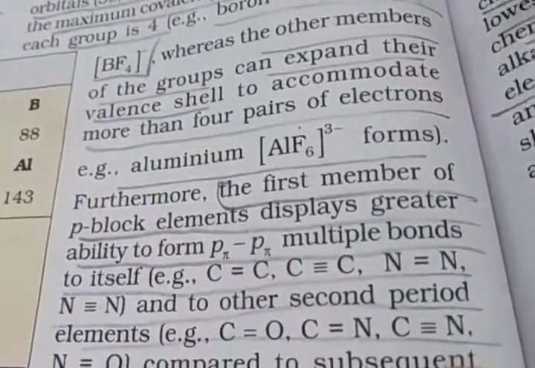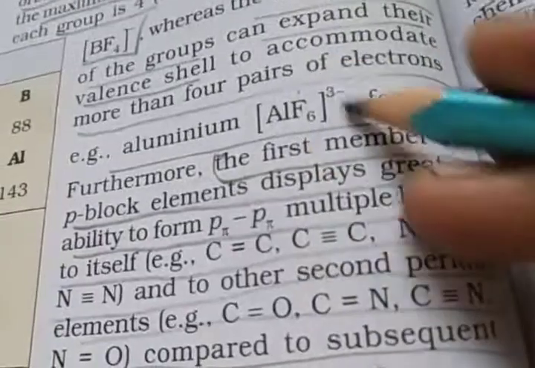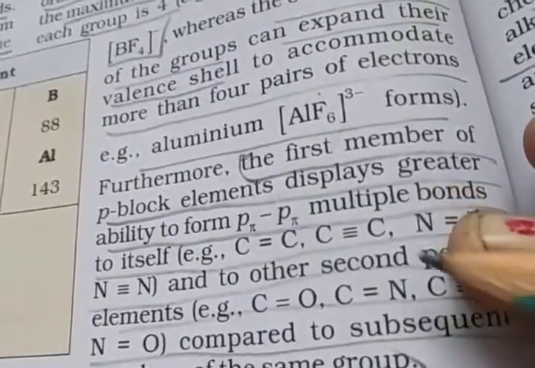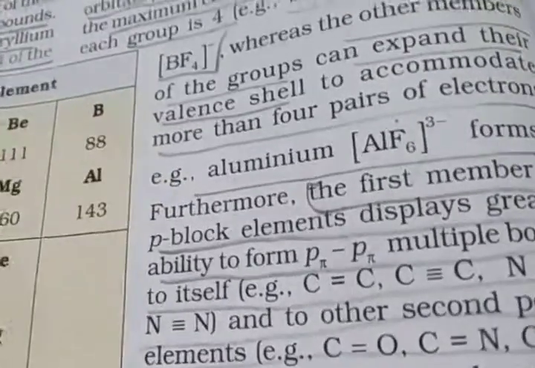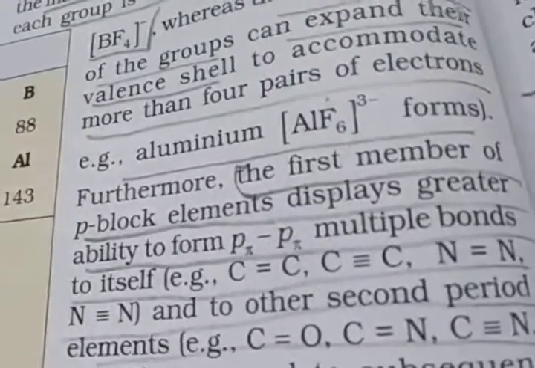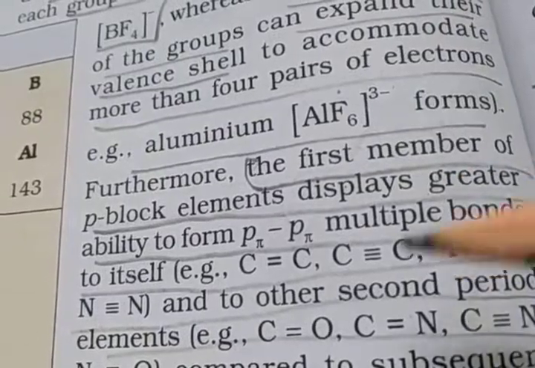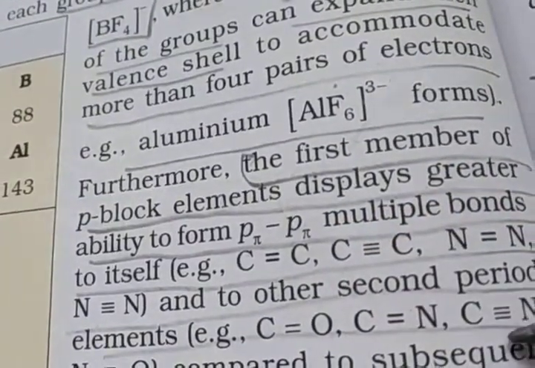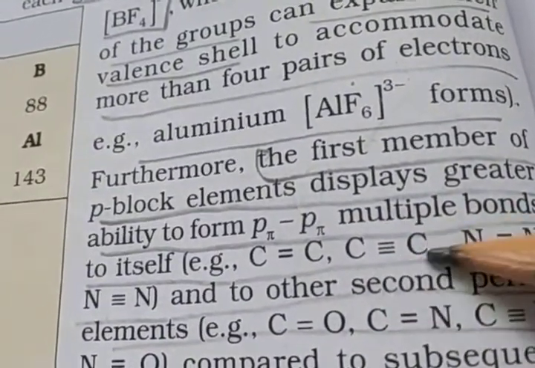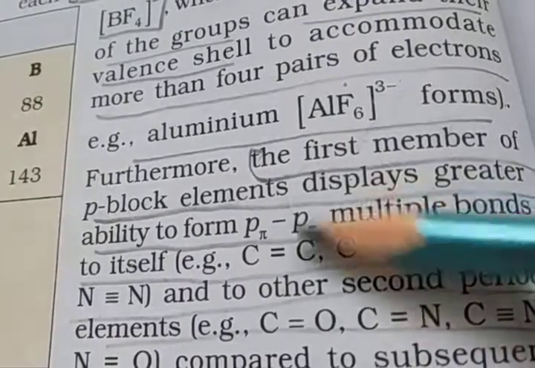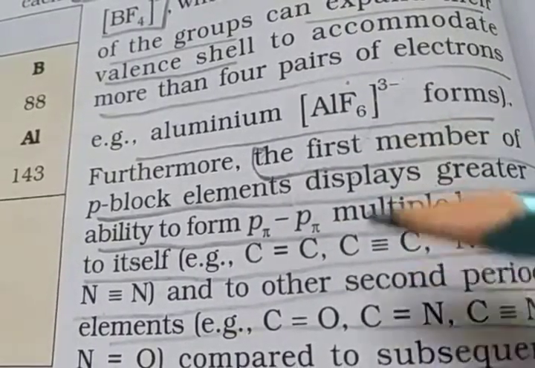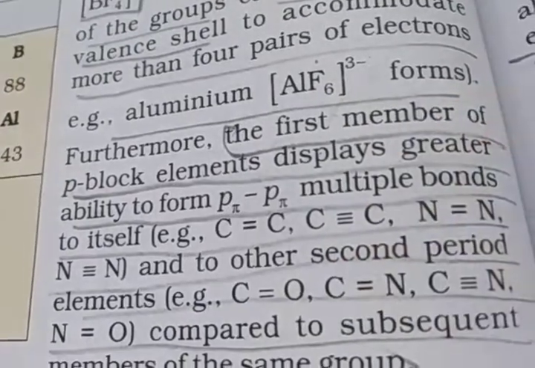Then the first member of the p block elements displays greater ability to form p-pi multiple bonds. What is the meaning of p-pi multiple bonds? If any compound makes a double bond or triple bond, that is known as p-pi multiple bonds. That means sideways overlap of p orbitals making the double bond and triple bond.